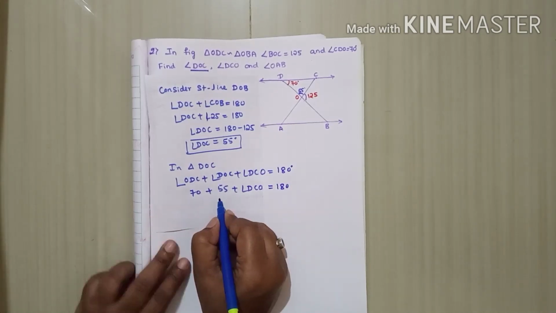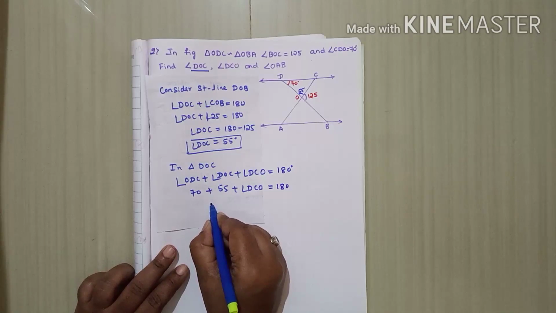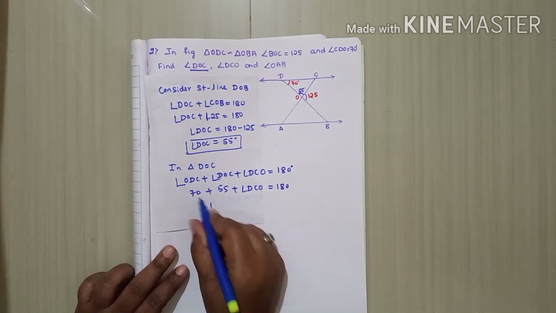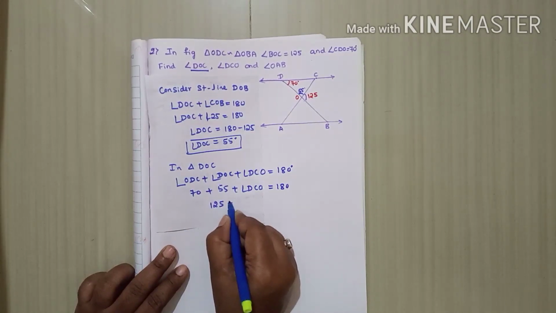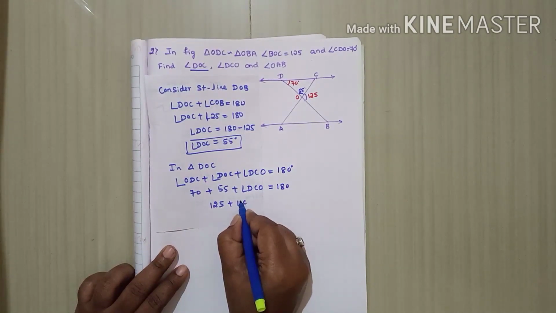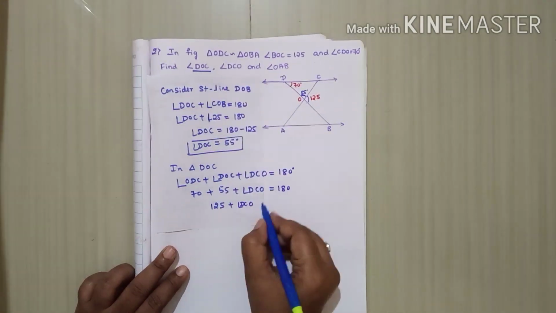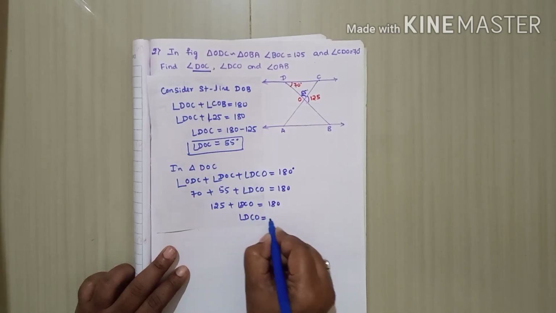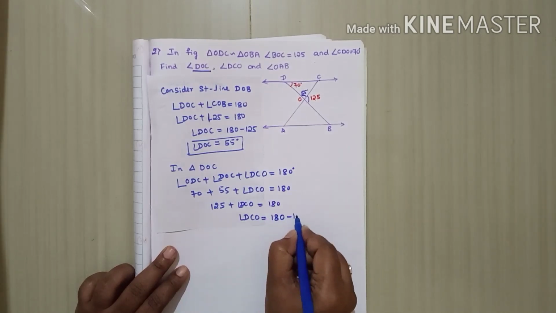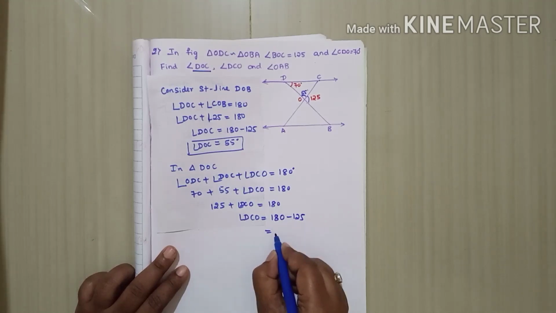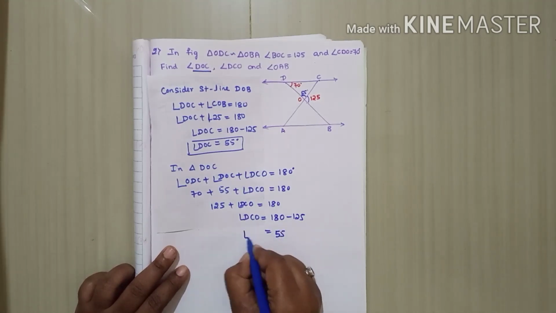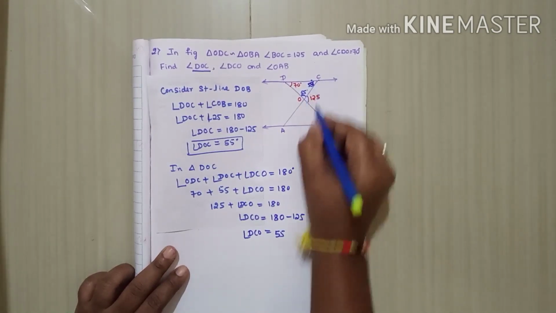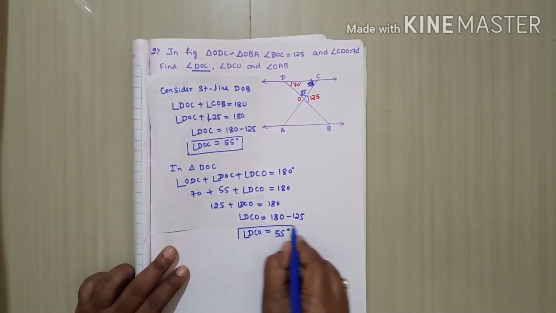Now 70 plus 55 is 125, plus DCO. So DCO is equal to 180 minus 125, which is 55 degrees. So DCO we also got, 55 degrees. This is the second angle we got.